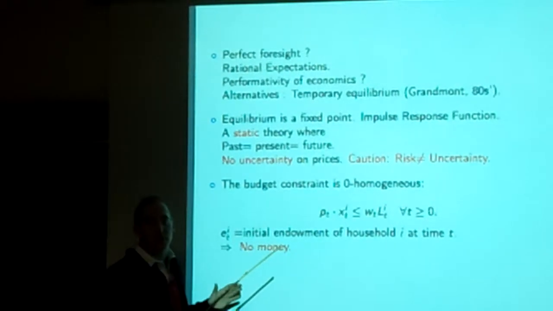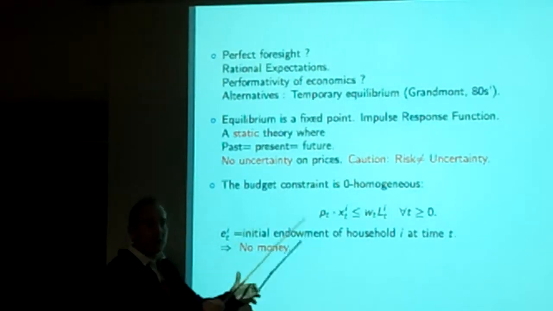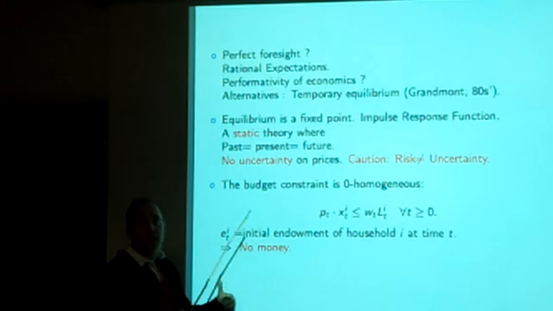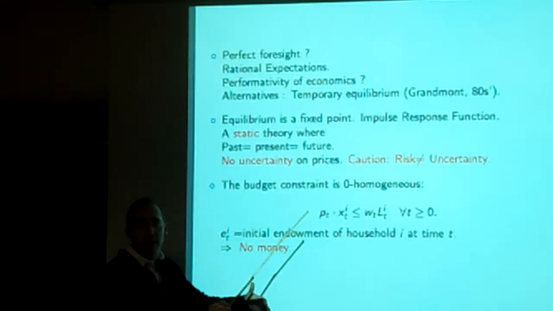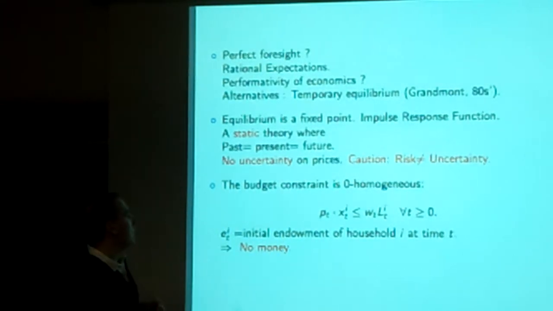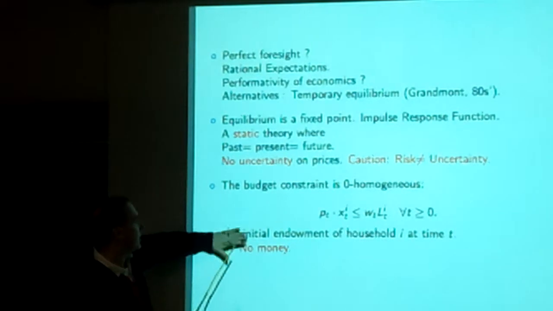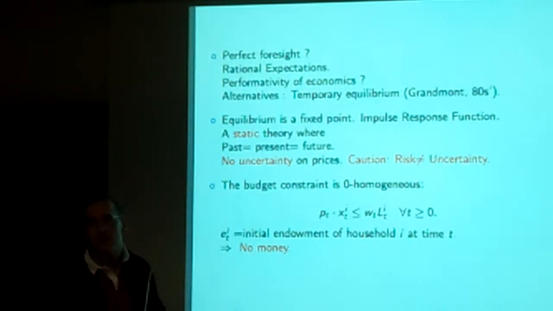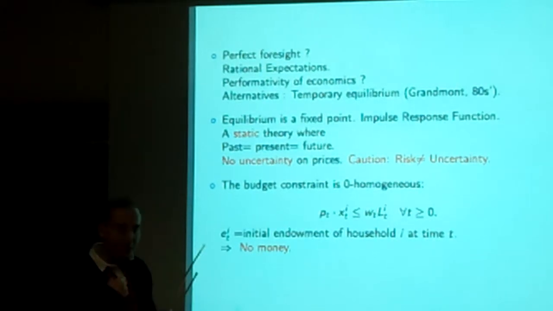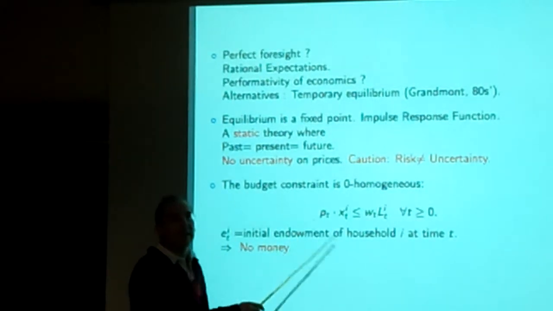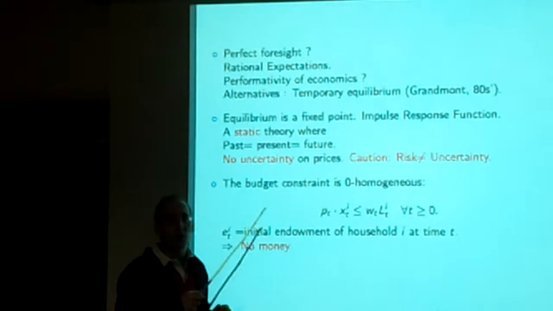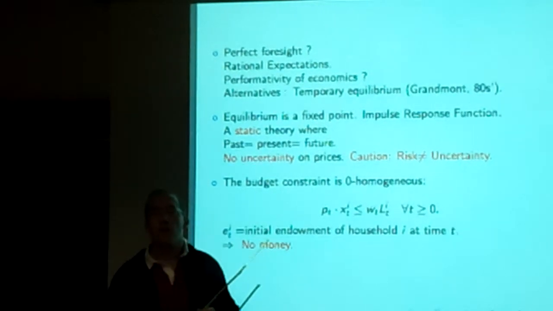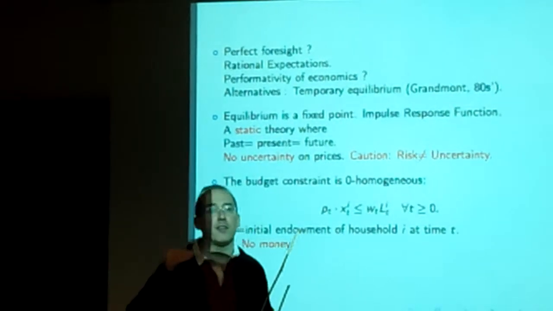It doesn't change the budget constraint, therefore it doesn't change the maximization program, therefore it doesn't change the solution. It has no impact, which means that there is no money in this model. You understand this? I repeat, this kind of model is unable to provide you with an equilibrium where you determine the level of prices.